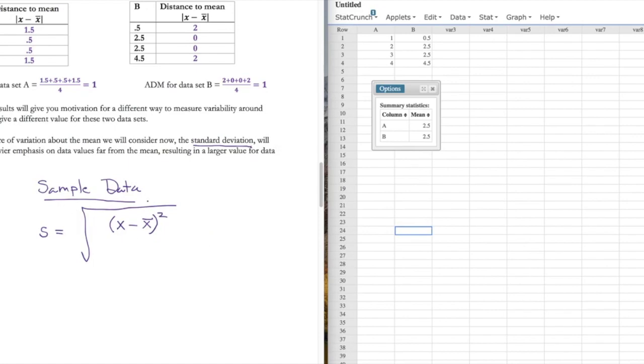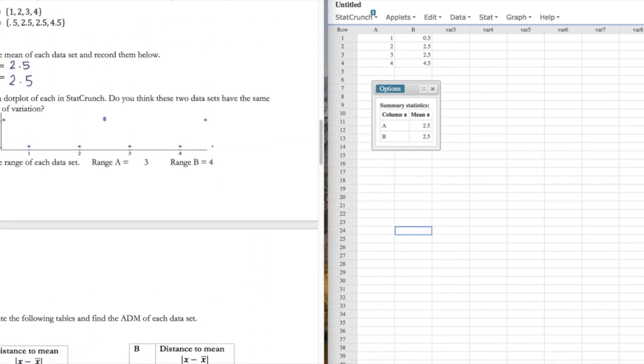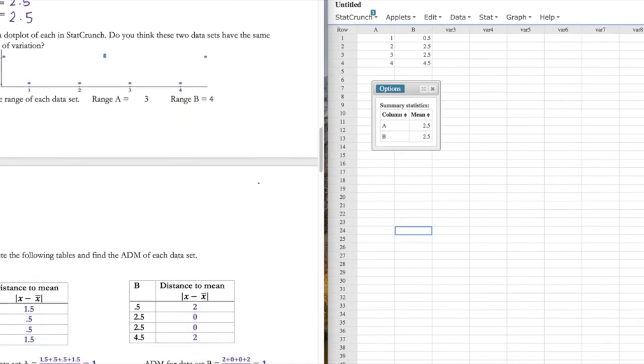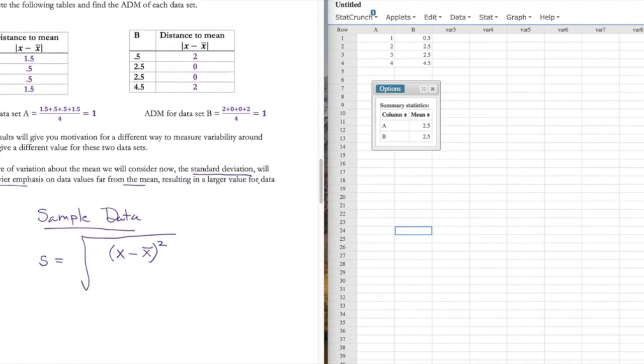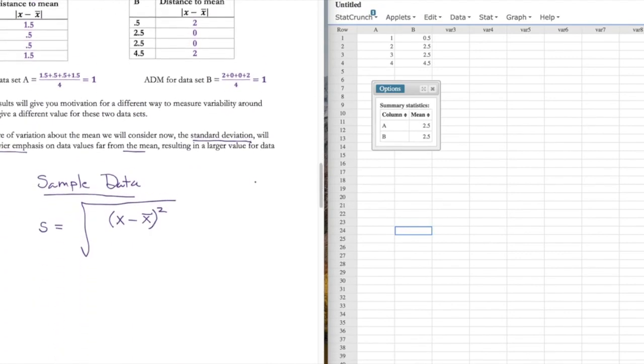The reason we're doing this, it places a little heavier emphasis on data values that are far from the mean. And so in doing this, our data set B that has some data far away from the mean is going to come out with a slightly larger standard deviation than data set A.